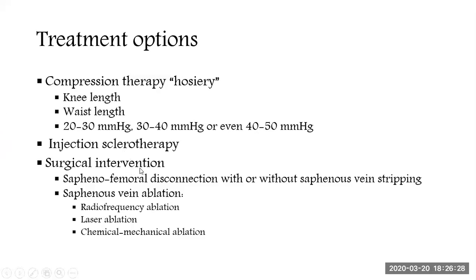Lastly, the surgical interventions are reserved for the patients who did not tolerate the compression therapy or the injection sclerotherapy or failed this conservative treatment. Surgical interventions are of two types: saphenofemoral disconnection with or without saphenous vein stripping, and more recently the saphenous vein ablation, either by radiofrequency ablation or laser ablation or a chemical mechanical ablation.